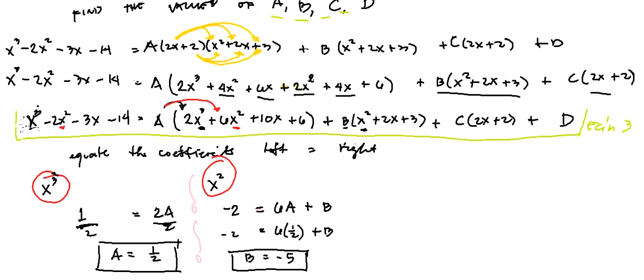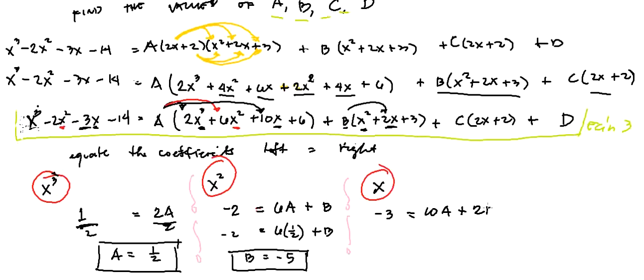Okay, next. Let us now equate our x terms. On the left side, we have x that is multiplied by negative 3, so we have negative 3 here. But on the right side, we have 10x multiplied by a, so we have 10a. And then we also have 2b.